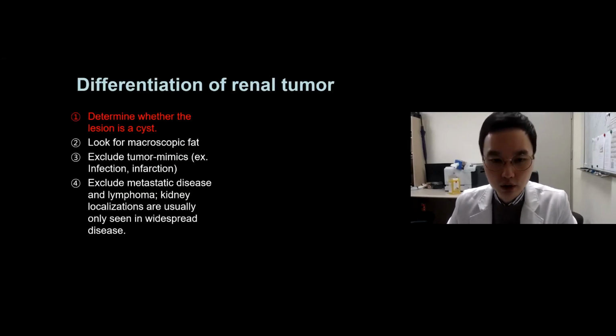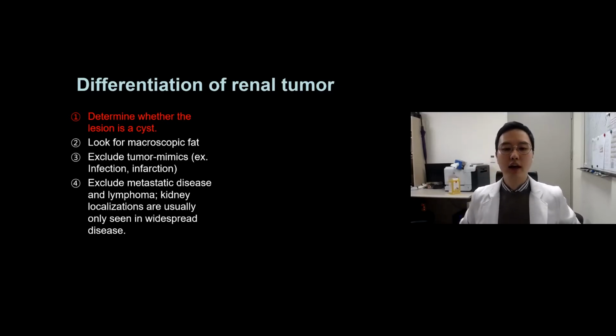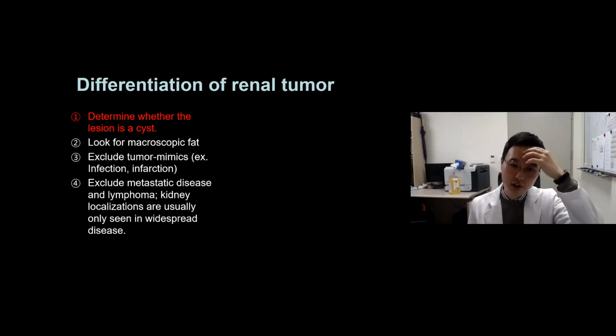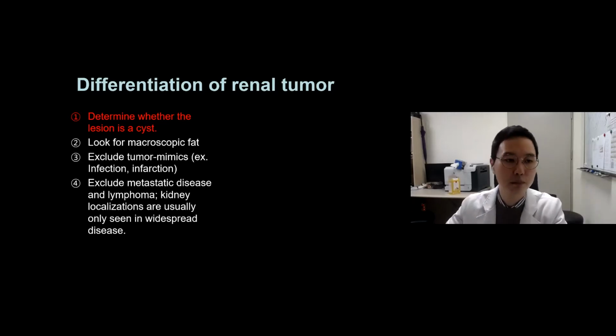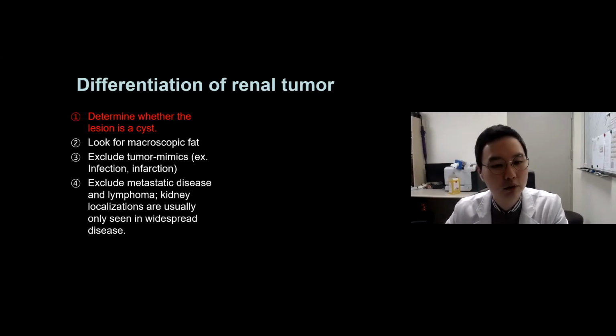When we review the CT or PET-CT images, there are some steps that we should check for the differentiation of renal tumors. Renal cysts are the most commonly encountered renal lesions when you review CT or PET-CT images, so it is important to first characterize whether the lesion is a cyst or not.